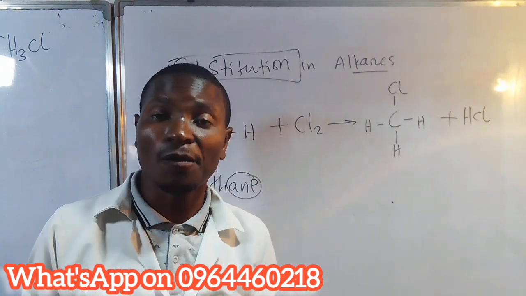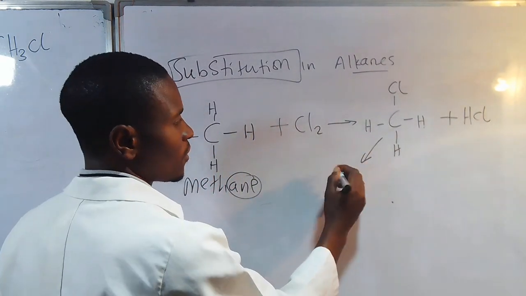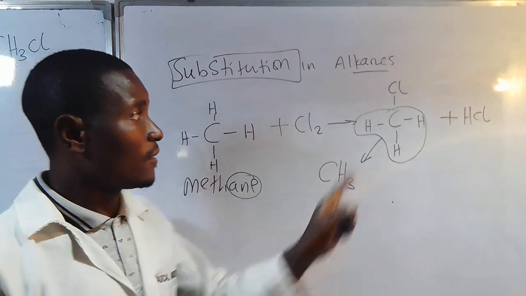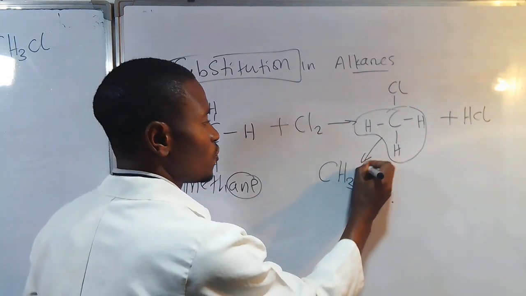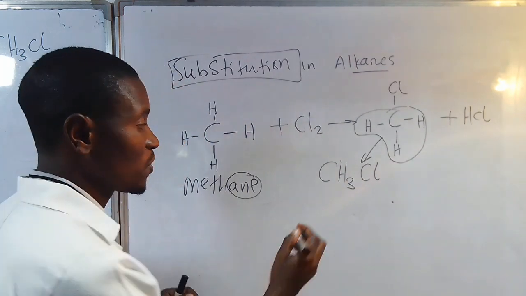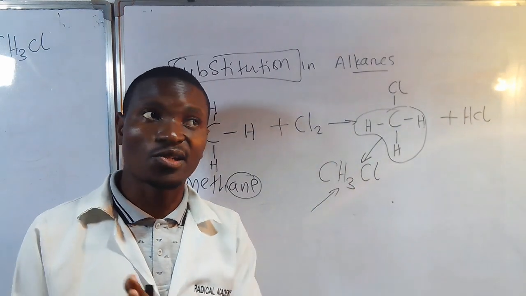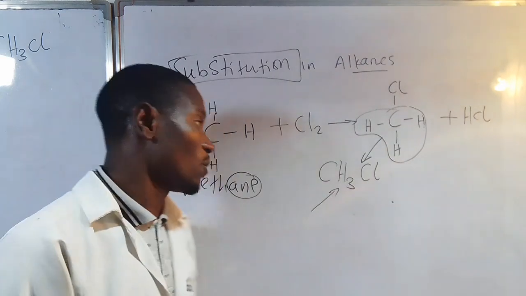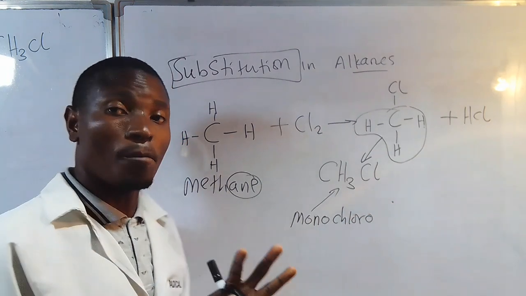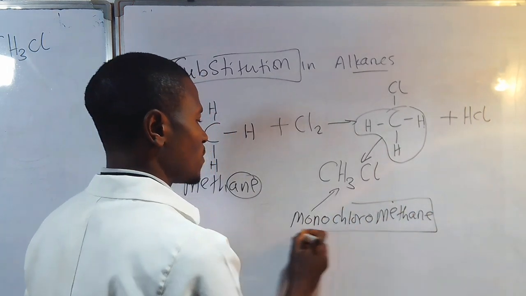In terms of writing the condensed formula, this part is going to be CH3, and then we have 1 atom of chlorine. So what is the name of this compound? Because we have 1 atom of chlorine, this is going to be a mono, so monochloromethane.